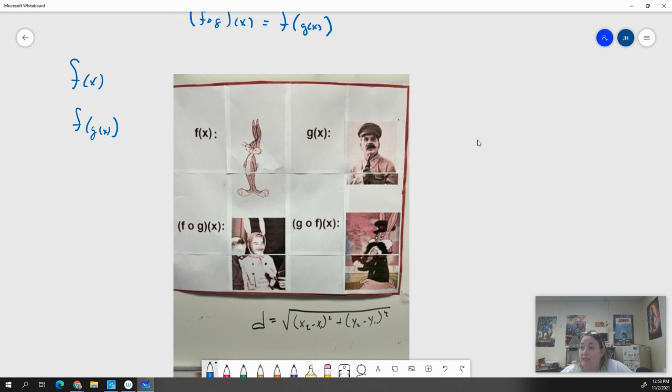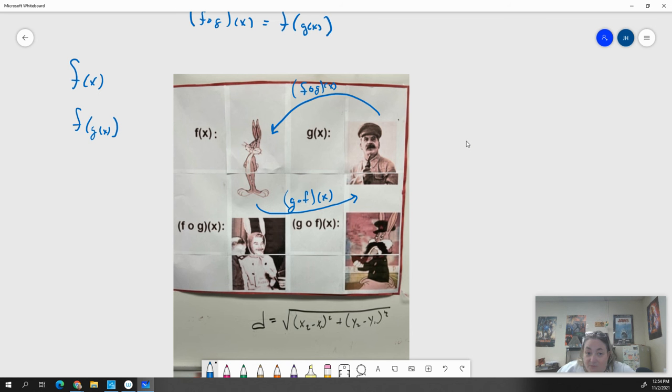We are taking Stalin and plugging him into Bugs Bunny. G of f of x means that we are taking Bugs Bunny and plugging him into Stalin. So this is f of g of x. This is g of f of x.